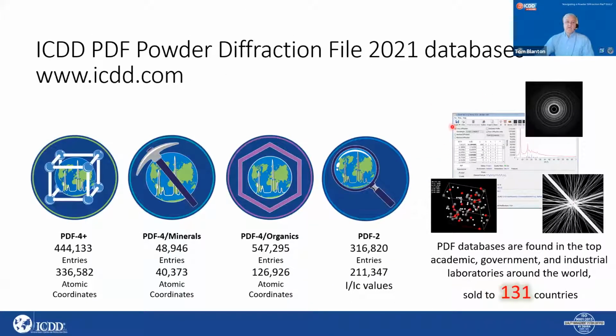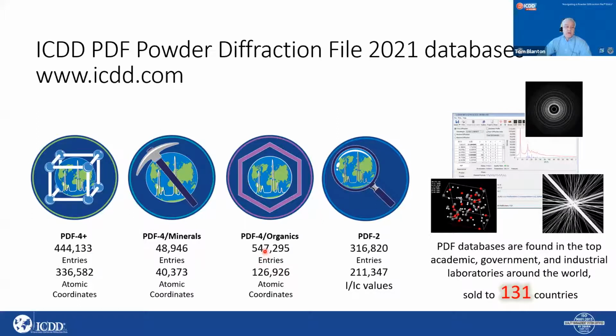Today, the Powder Diffraction File 2021 databases comprise PDF-4+, with 444,000-plus entries, of which 336,000-plus have atomic coordinates. So you use this for phase ID as well as quantitative analysis. The Minerals database is a subset of PDF-4+.